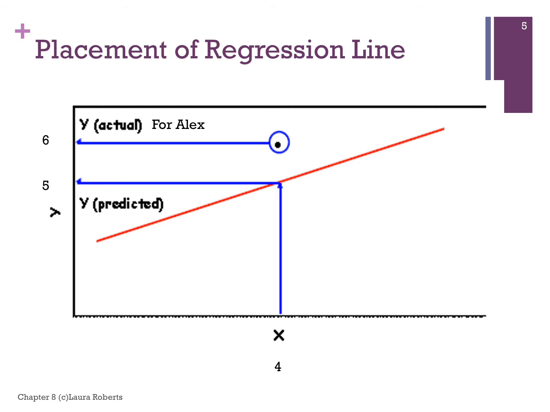Suppose the only information we have is the equation for the line, y equals 1x plus 1. The best prediction we can make for Alex's score, supposing we know her x score, would be 5, because 1 times 4 plus 1 is 5. So this is a situation where we know her x score, but we don't know her y score. We can figure it out using the regression equation.